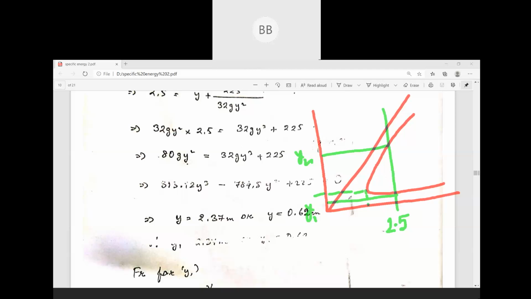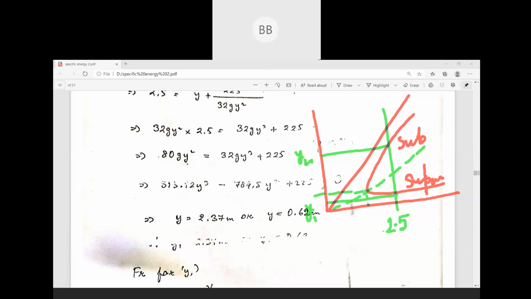So now see, from this how are you going to say which depth lies in supercritical? The smaller depth is in supercritical and the larger depth is in subcritical.